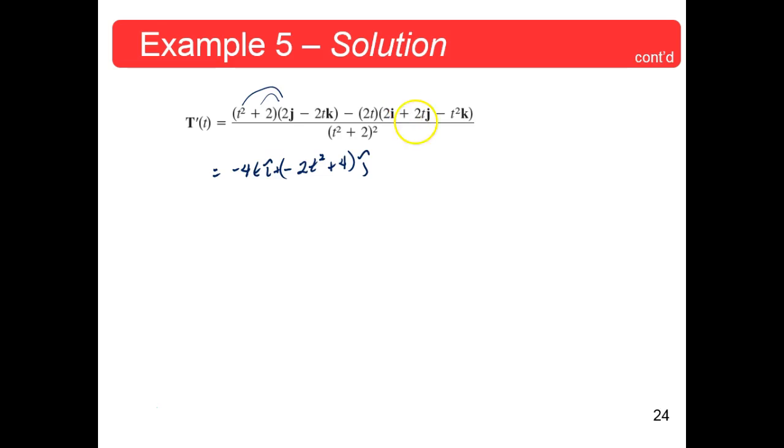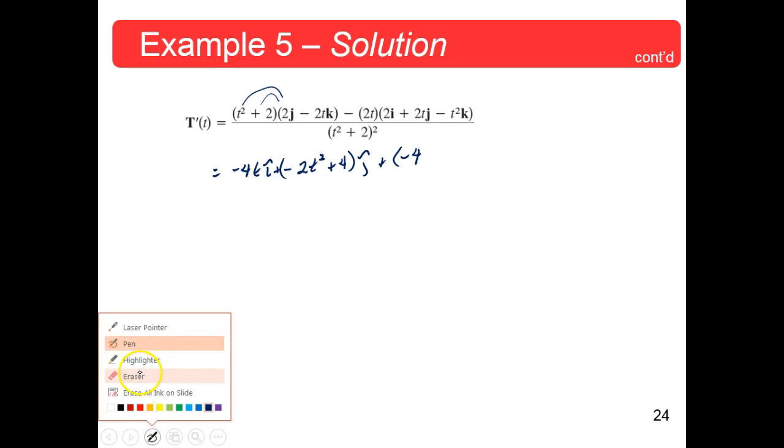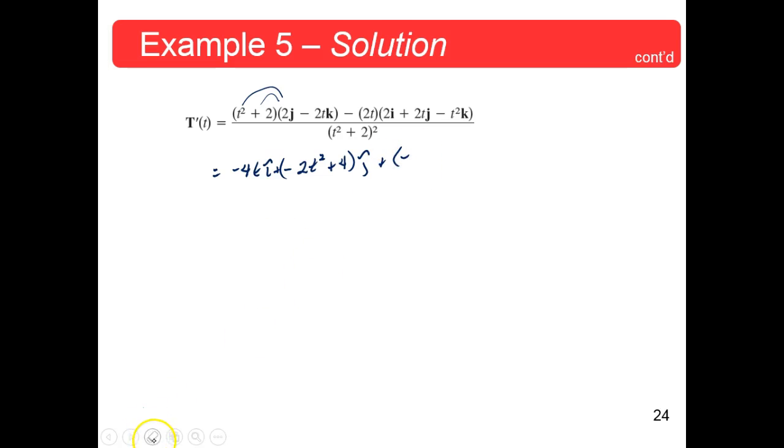Trying to get all the pieces in place, and it's kind of hard to keep track. Minus 2t cubed, minus 4t squared, plus 4j.